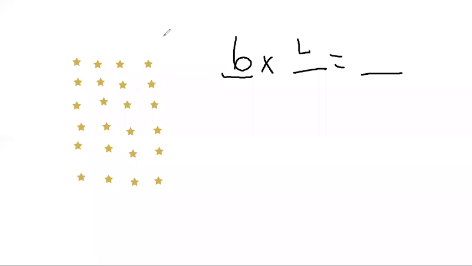So your next factor is a 4. So your factors are 6 and 4. Now count and tell me how many we have all together. Count those stars. We counted, and there are 24 altogether. So 6 times 4 equals 24.